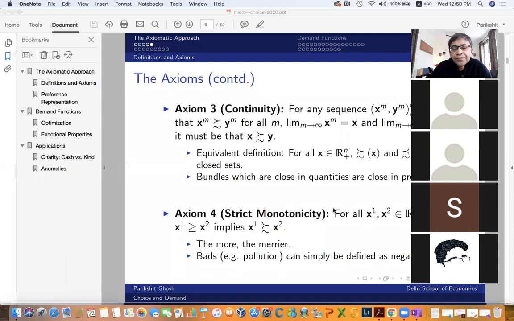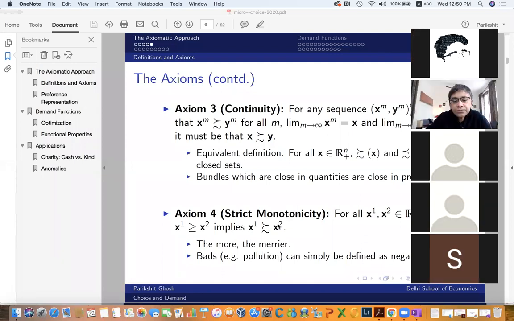Because, sir, I don't remember correctly the definition of local non-satiation, but it was like we can always find a point in the vicinity of a point that is just strictly better off than that original point. Maybe it is a local definition. Non-satiation means that sometimes if you add quantities, you get worse off, essentially, right? Or not get better off, even if you are increasing the quantity of everything. So that is being ruled out over here.